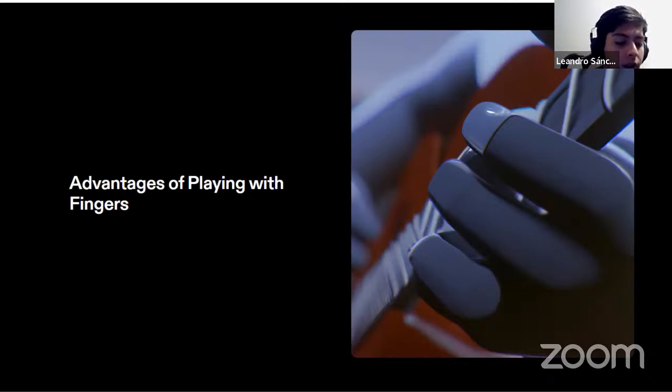But also this technique limits your speed, and you can get hurt if you play for a long time using this technique.